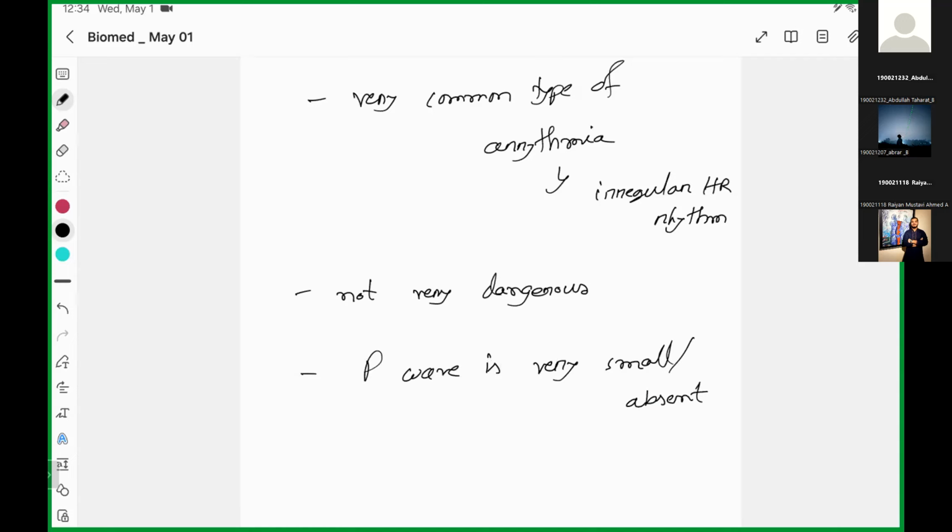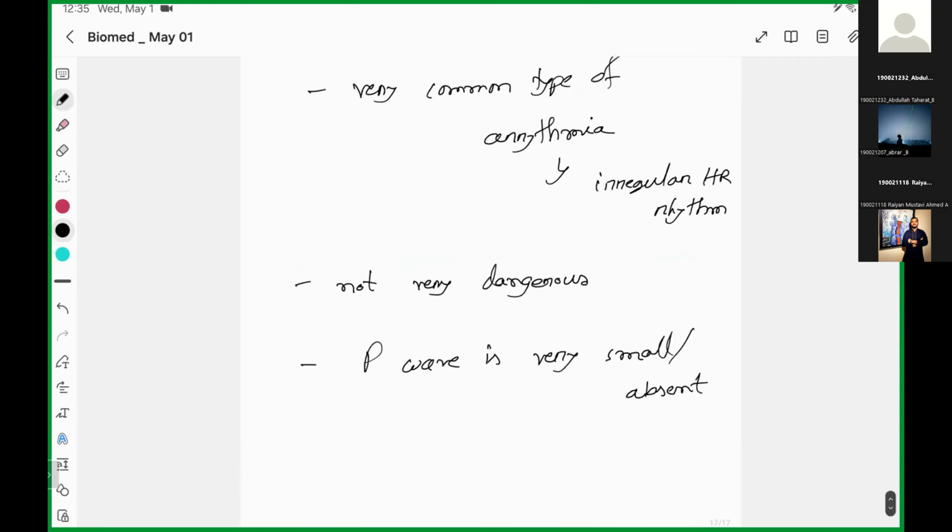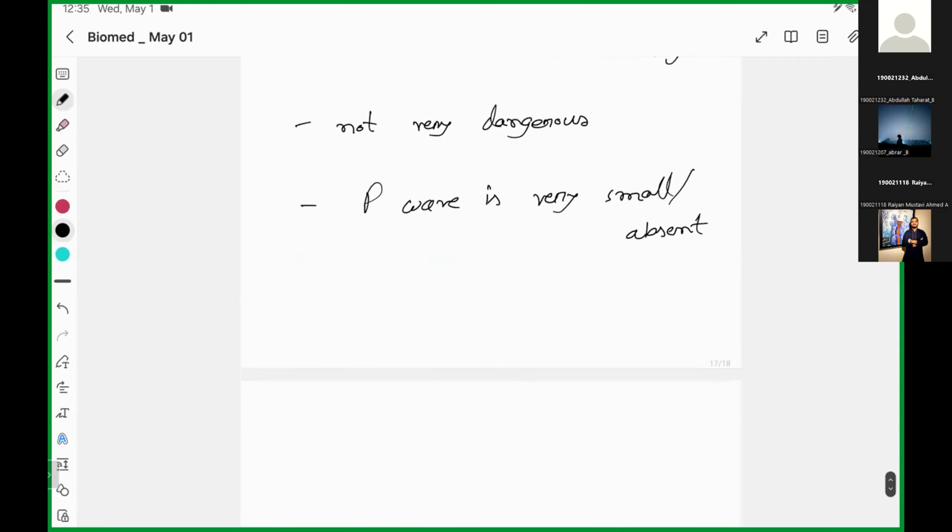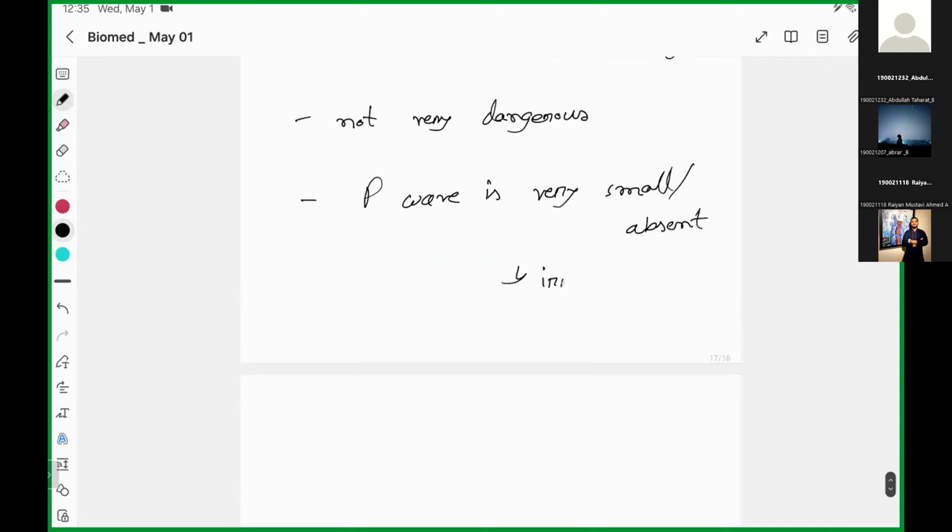So if you perform some signal processing techniques and you cannot find the P wave, that corresponds to this kind of atrial fibrillation. So the P wave is very small or absent, and the baseline is irregular.